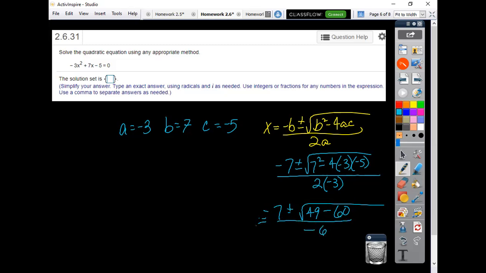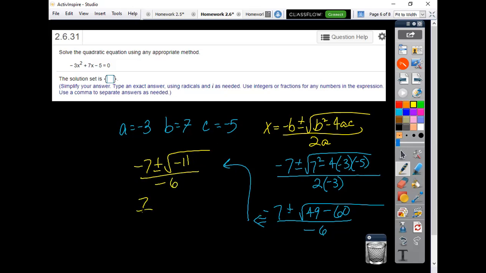So my final answer here, I'm going to probably leave this one in a really pretty gross form. I would have -7 plus or minus square root of 49 minus 60. I believe that's -11. All over -6.